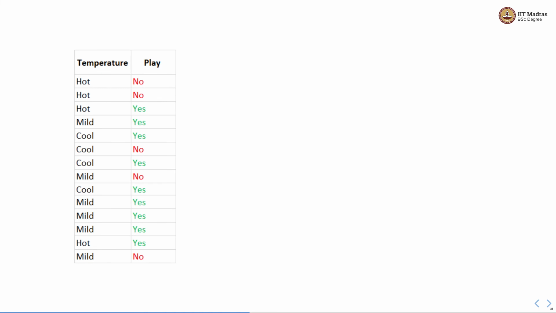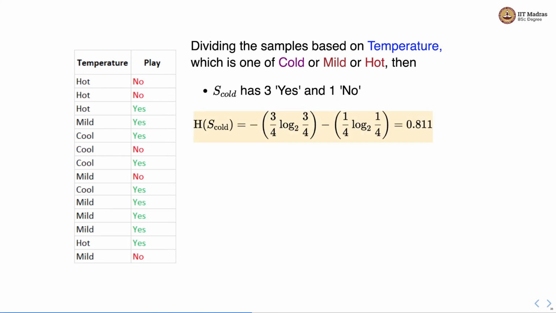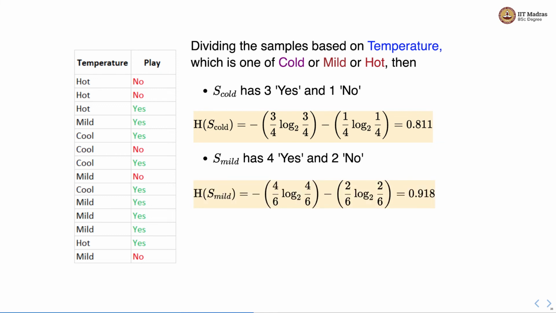Next, we evaluate the temperature, which again has three values: cold, mild and hot. S cold has 3 yes and 1 no, so the entropy of S cold is 0.811. For S mild, there are 4 yes and 2 no's, and the entropy of that is 0.918.